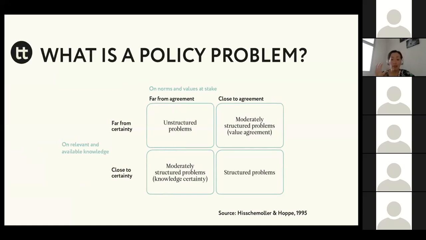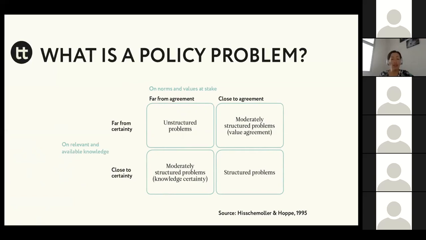Some that are structured, some that are unstructured, and some that are moderately structured, where one of these things is missing. To get a better sense of what this means in practice, we will go through these four types of problems, and we will also reflect on what type of knowledge is useful in every case.